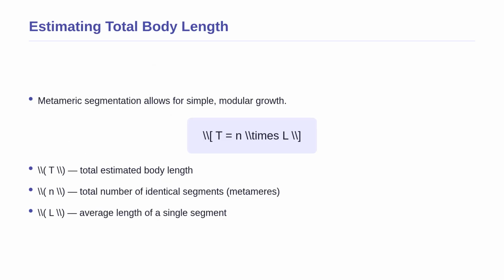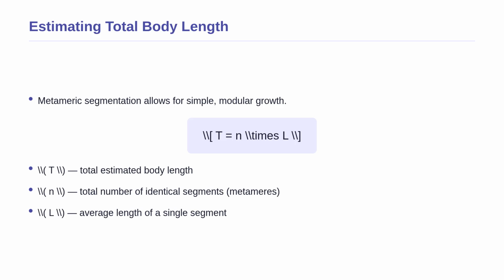Beyond calculating force, the segmented nature of annelids allows us to easily estimate their physical size. Because the body is made of repeated, nearly identical units, we can find the total length by multiplying the number of segments by the length of a single segment. The formula is T equals N times L. Here, T is the total body length.